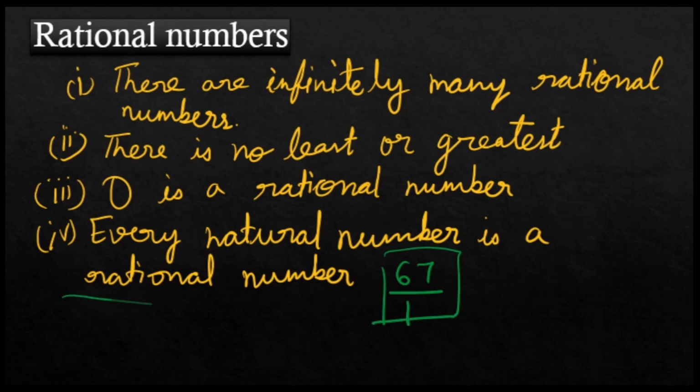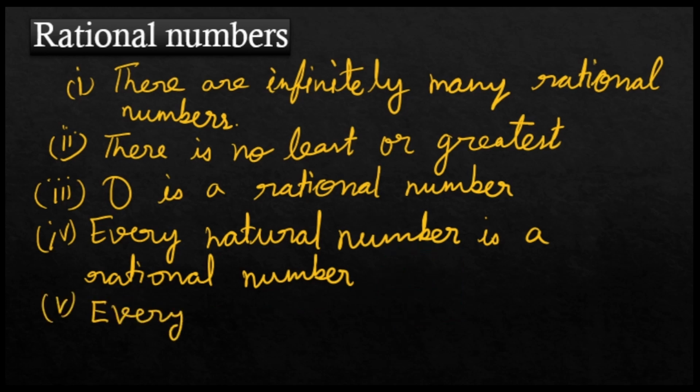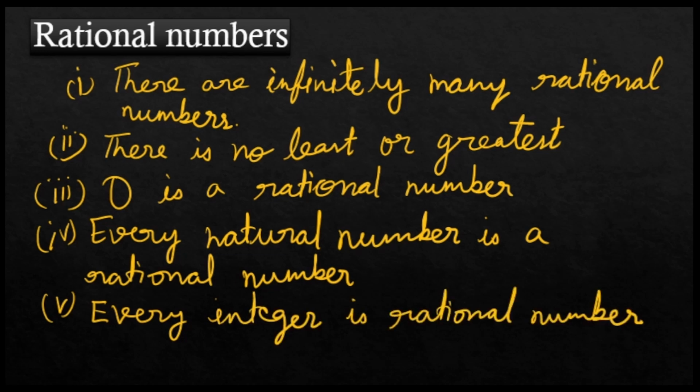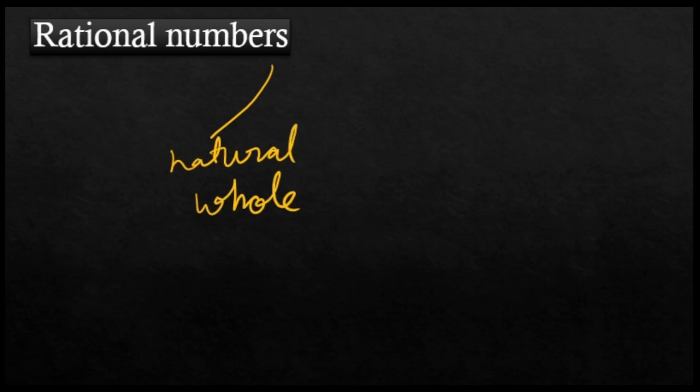Hence, it is a rational number. Just like natural numbers, every integer is a rational number, as it also can be represented in the p by q form. Pick any integer like minus 25. Earlier I have explained this example. So every integer is a rational number. Hence, rational numbers include natural numbers, whole numbers, and integers.